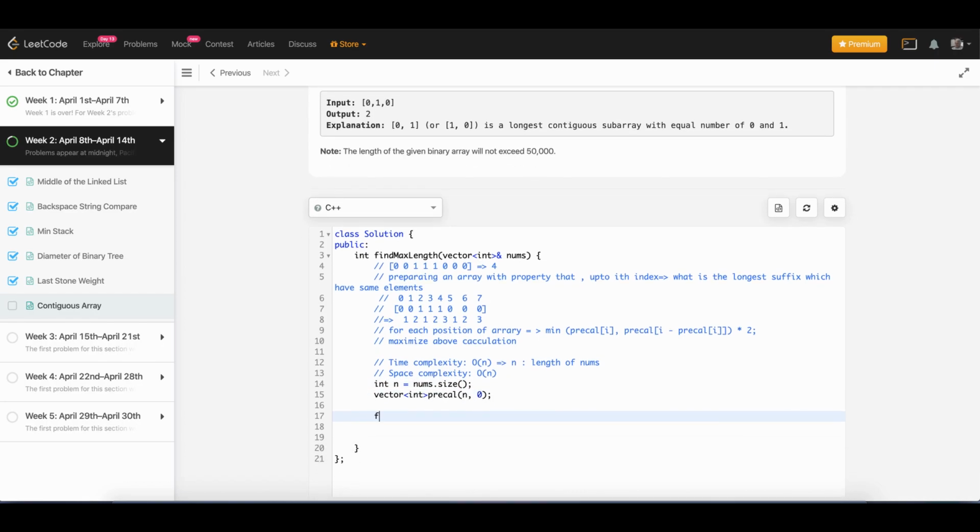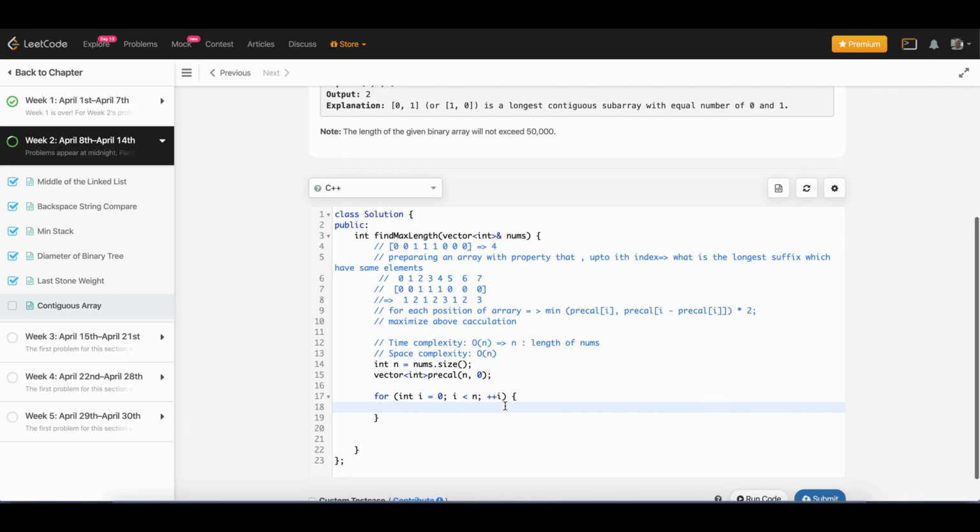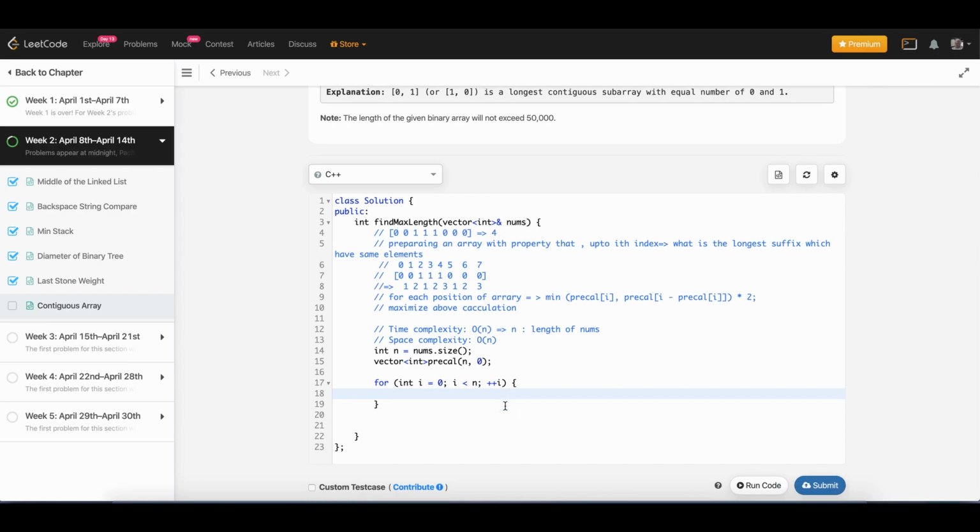Now for each value in the given array nums, we will be calculating pre-cal, which is the contiguous value subsequence ending up to that position.